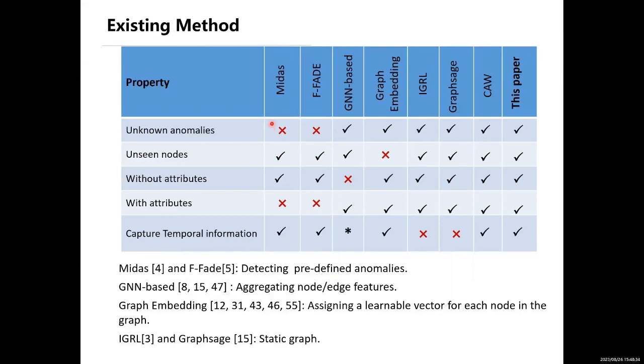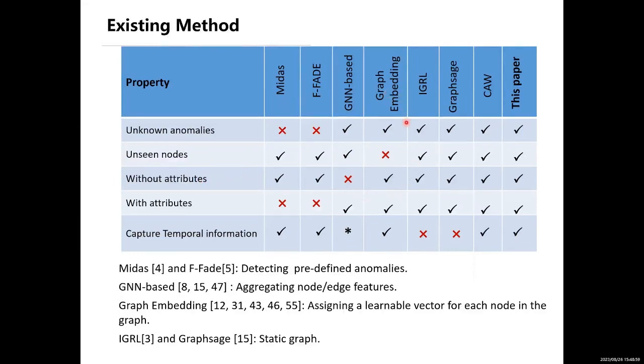By reviewing the existing methods, we notice that methods like MIDAS and IFIT detect predefined anomalies and require the nodes to have attributes. For GNN-based methods, because they need to aggregate node or edge features, their performance is not satisfying when the graph has no edge or node attributes.